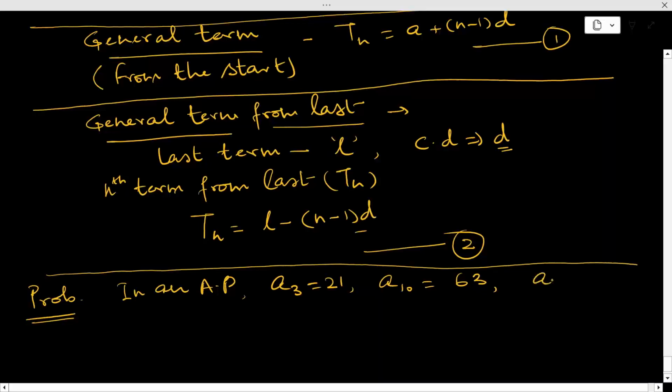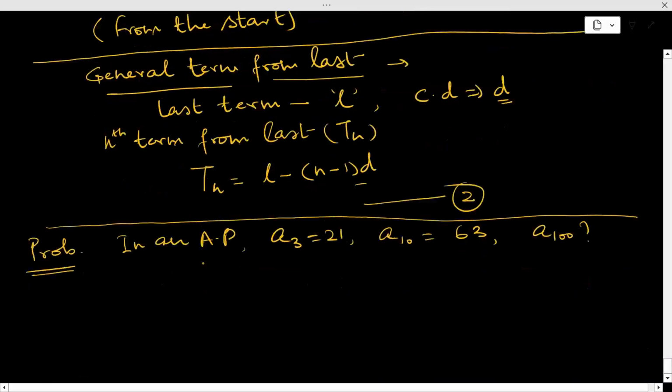We have to find A100. Okay, as you can see, we do not have the values of a and d, meaning we do not have any information about the first term and the common difference. Okay, but we need these two pieces of information in order to determine this 100th term, or A100.